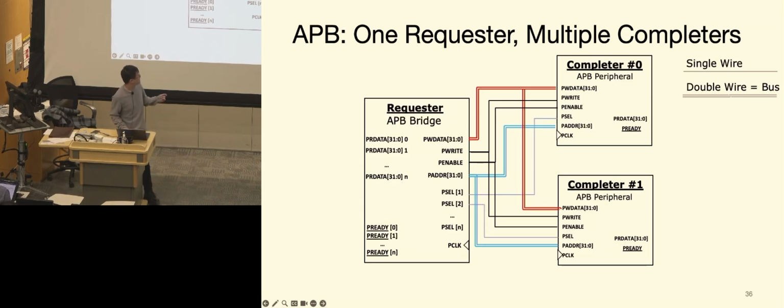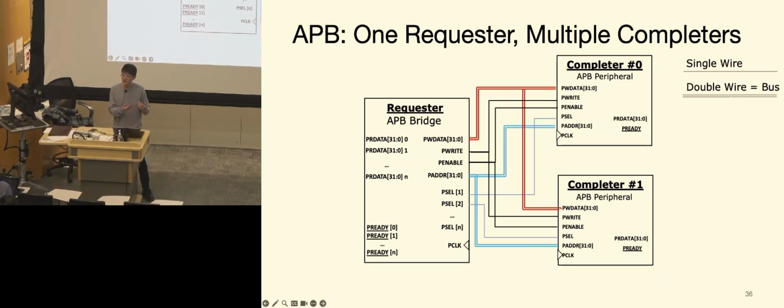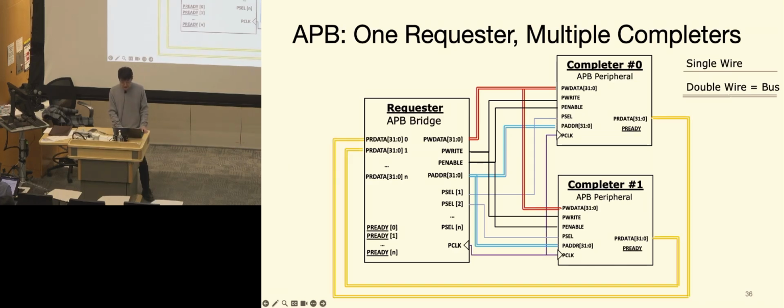P-ready is an individual signal for each peripheral connected to the bus. As we said before, it indicates whether it's ready to complete the current transaction, or if there's anything else holding it. And then the P-clock connects to everything.